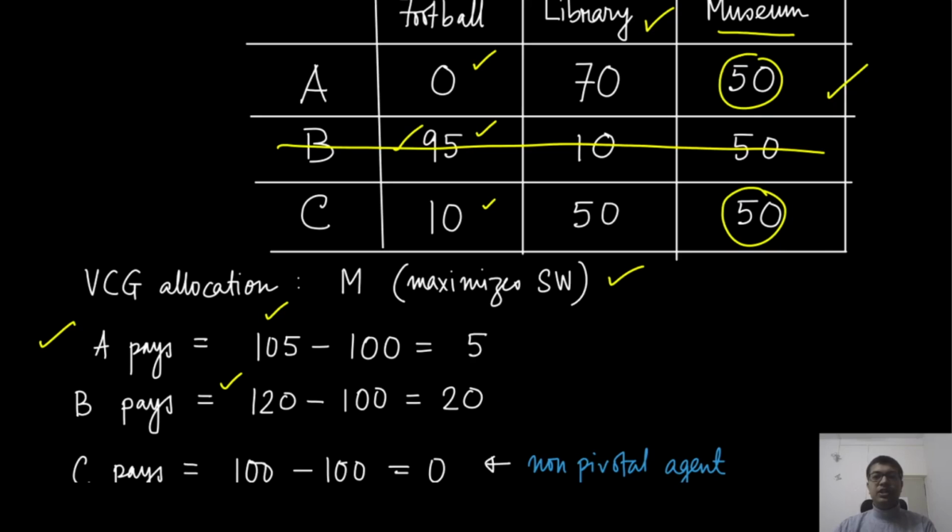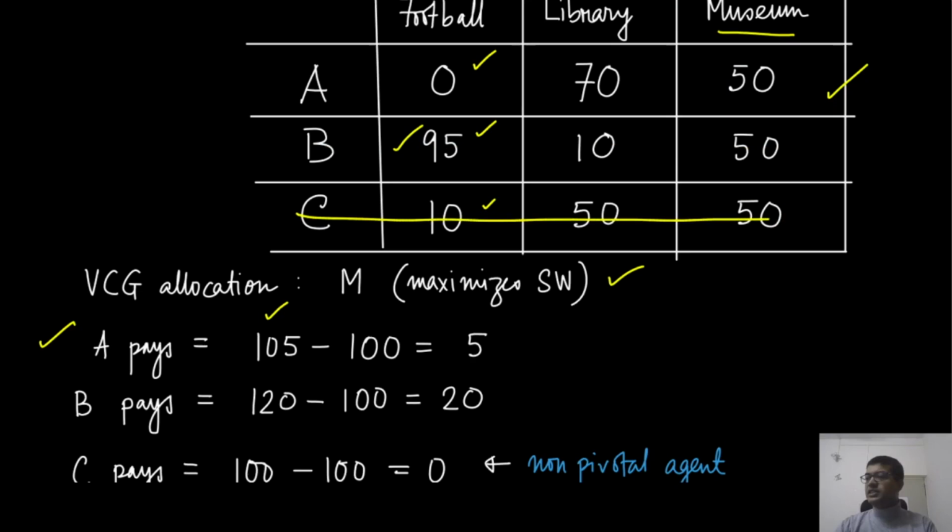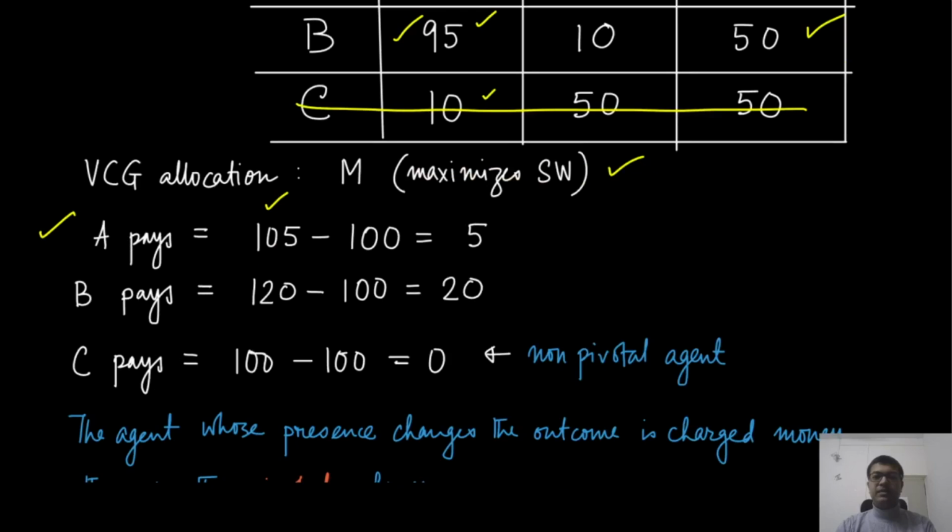And similarly, you can find out the payment of player C. If you remove player C, you can see that the outcome does not change. It remains the same, and that is what is happening in the last case. So here the sum of the valuations of all the other players when C is not present is the same as when he is present.